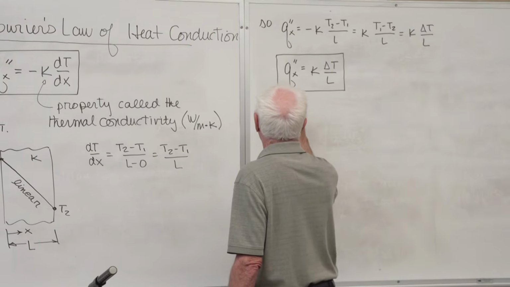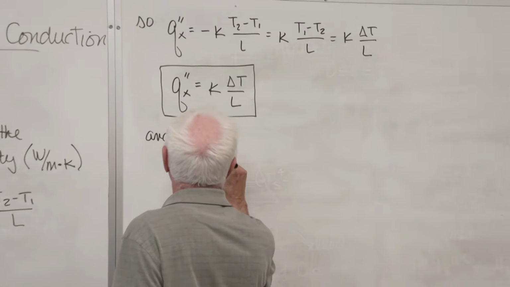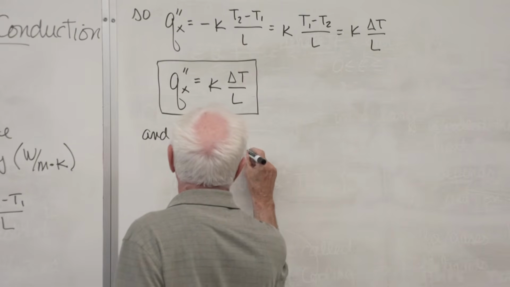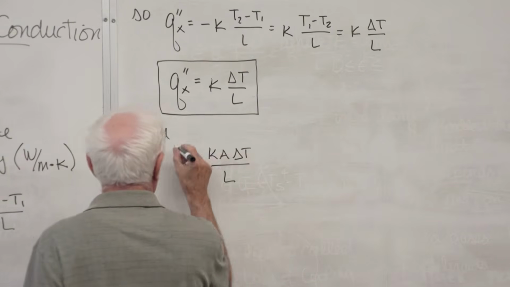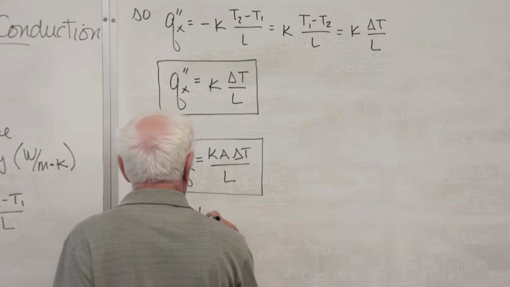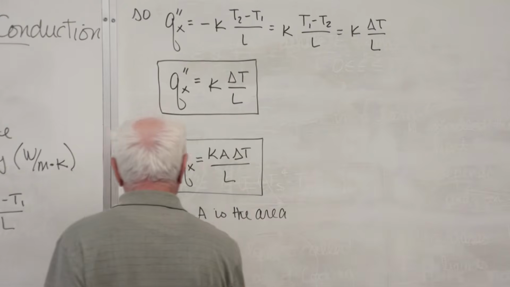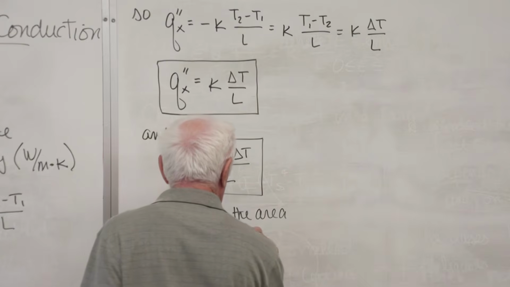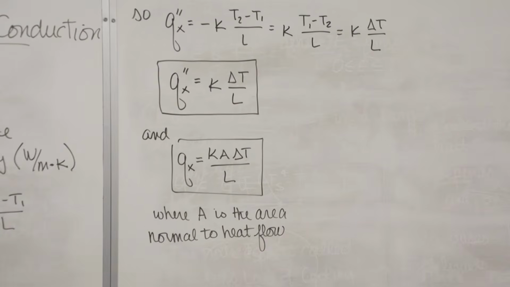So Qx equals k A delta T over L. Area is the normal area.